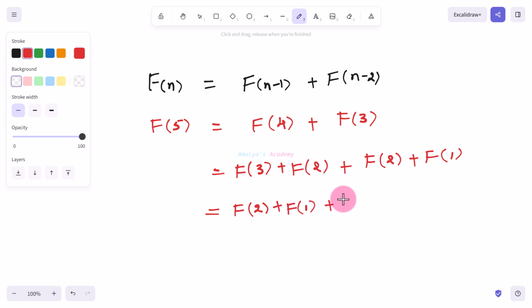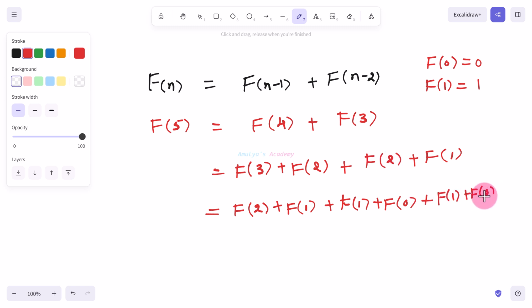For f of 2, it is actually f of 1 plus f of 0. We only know f of 0 and f of 1, the first two numbers in the series. We know their values, so I'll substitute them.